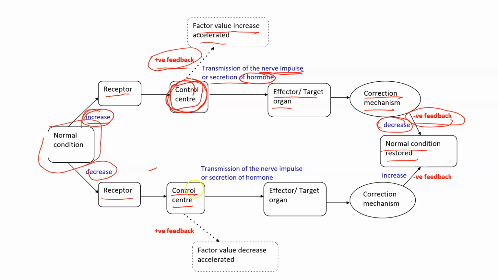Then from the brain, the corrective mechanism is sent in the form of either nervous impulse or secretion of hormone to the target organ or effector organ to carry out the corrective mechanism, increasing the factor back to the normal set point. So this is negative feedback. If it increases, it decreases. If it decreases, it increases. If positive feedback, if it decreases, it decreases further. That is positive feedback.